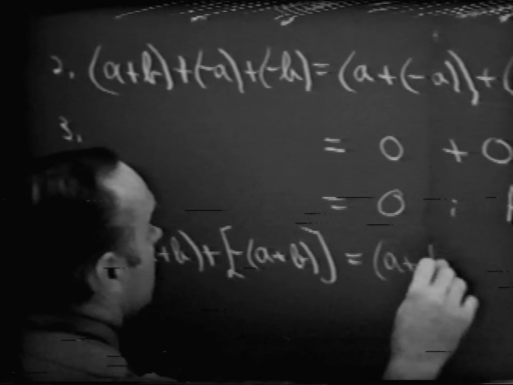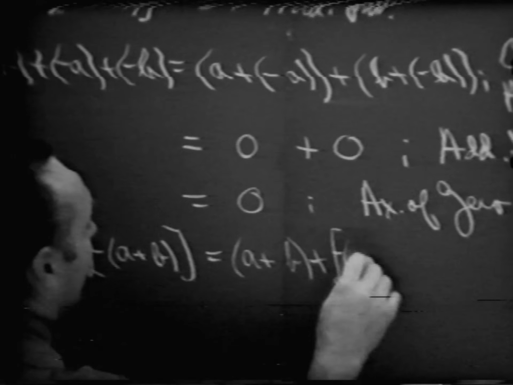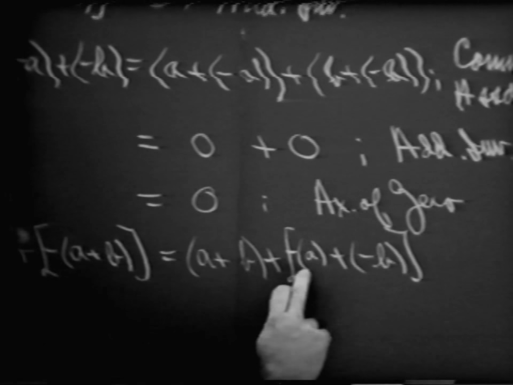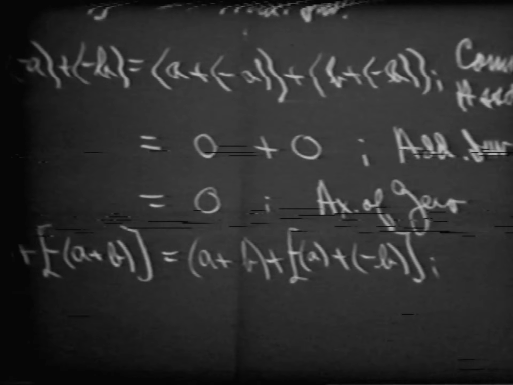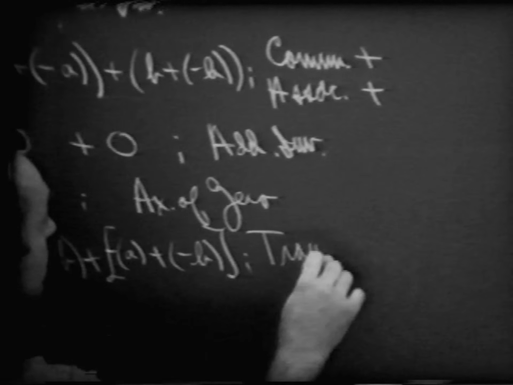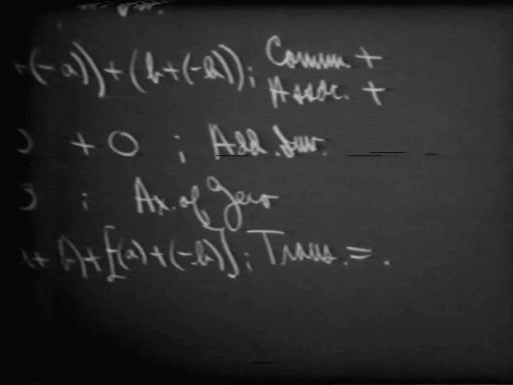Which is a plus b plus, and now let me put that in brackets, the opposite of a plus the opposite of b. I put the parentheses in the wrong place, but I think it's all right. And what's our reason for this? Brenda? Transitivity. This is our transitive property with respect to equality. Is that right? The transitive property of equality, the transitive axiom that we call of equality.